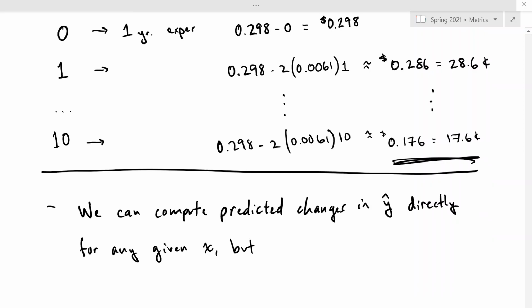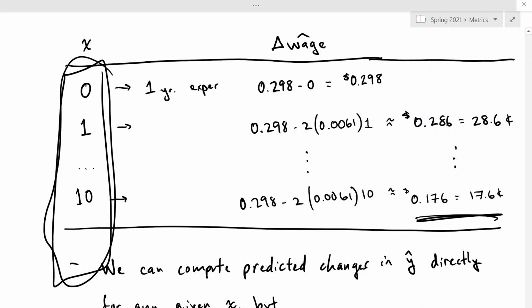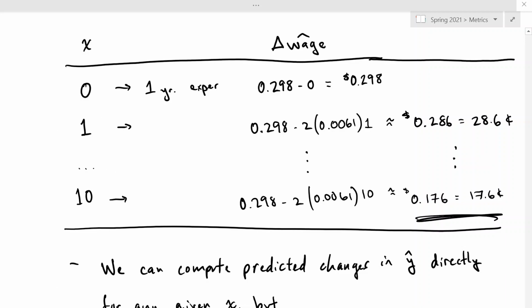But a lot of times we don't want to go through that. This is a continuous variable, and we might have dozens of possible values for x, if not hundreds.